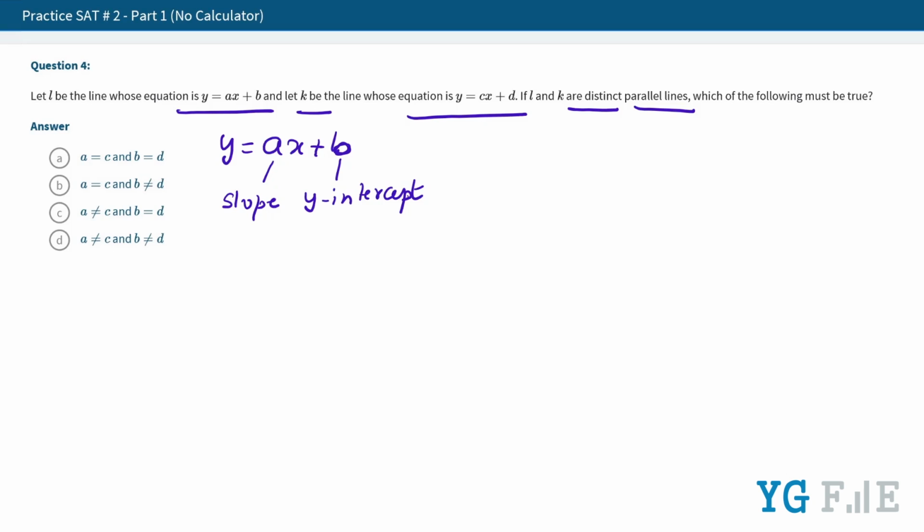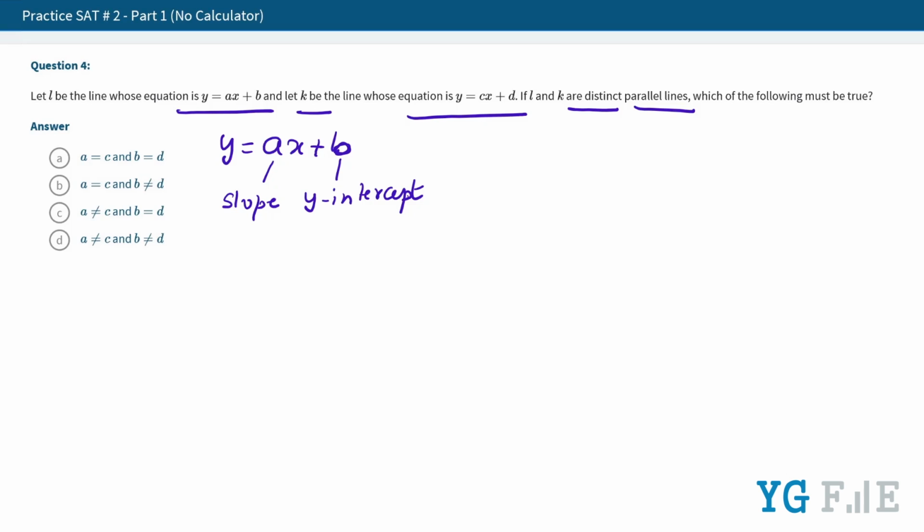A y-intercept is a point on the y-axis where x is 0, because when we substitute x equal to 0, we get y equal to b. So this is a point on the y-axis.